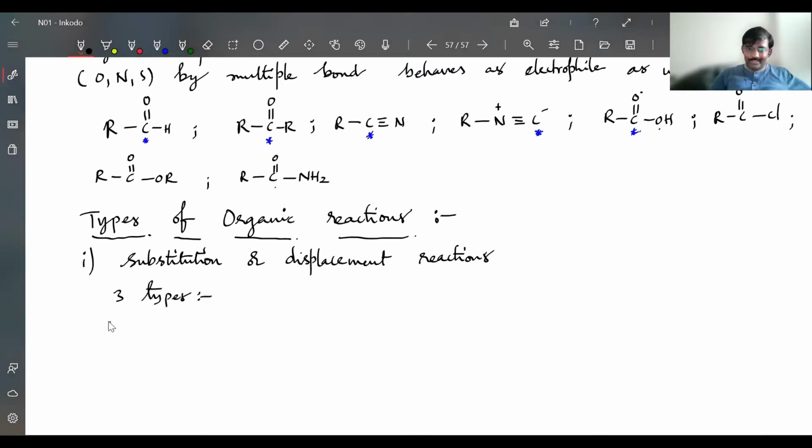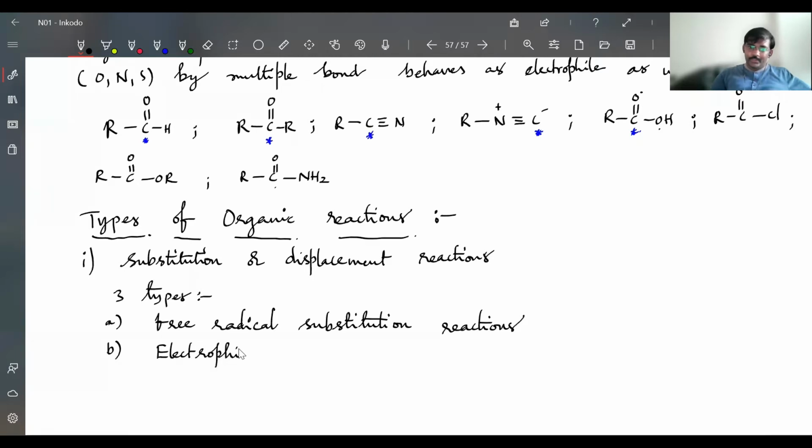Among those three types, the first one is free radical substitution reactions. That means initially a free radical is coming and attacking the substrate molecule. Next, electrophilic substitution reactions.